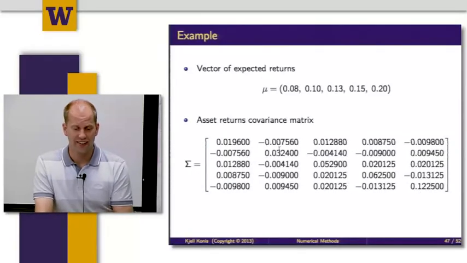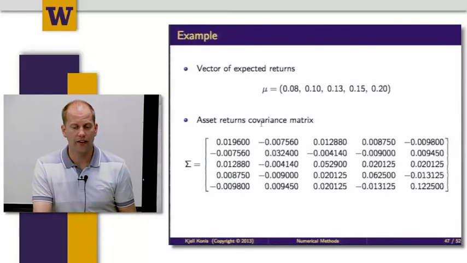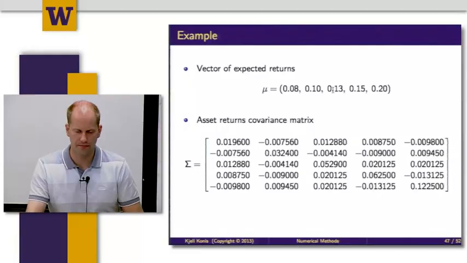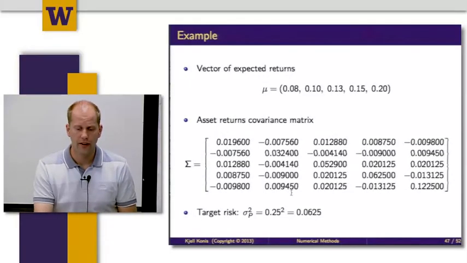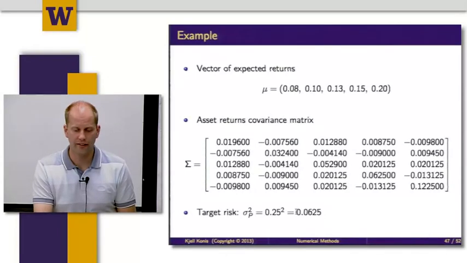So remember that these things are sort of on the order of mu squared. So that's why these are going to be so much smaller than what's going on here. And then the target risk was 25%. So the sigma squared p is going to be 0.25 squared, which is 0.0625.